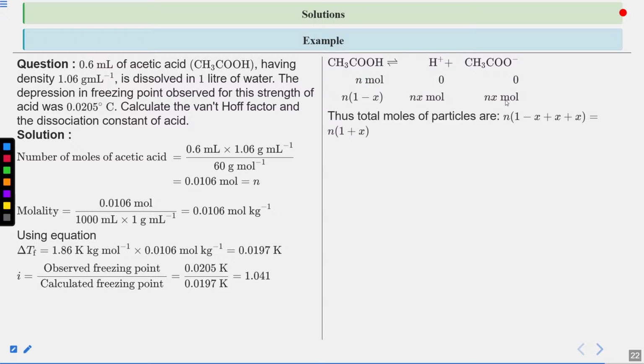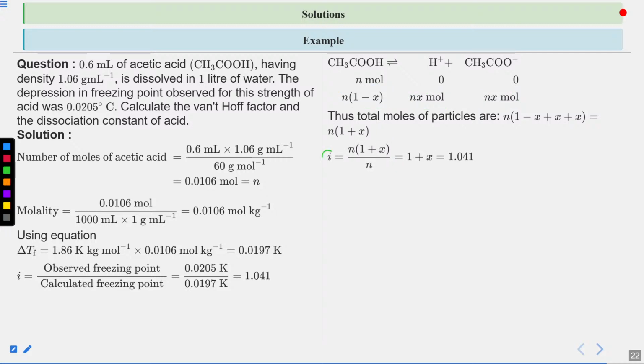Then what will be the total number of particles? It will be nx plus n into 1 minus x, that will give you n into 1 plus x.